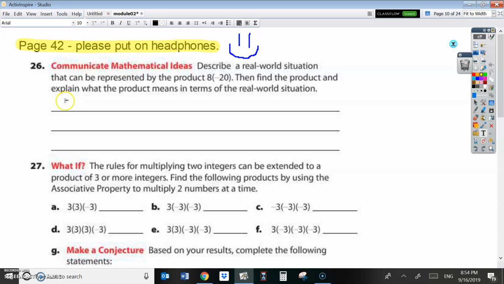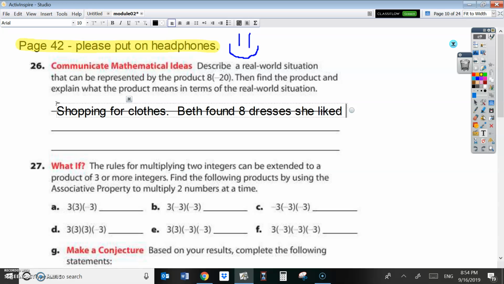So immediately I think of shopping. Shopping for clothes. Beth found 8 dresses she liked at a discount store.